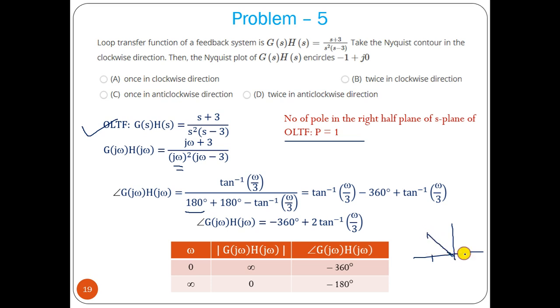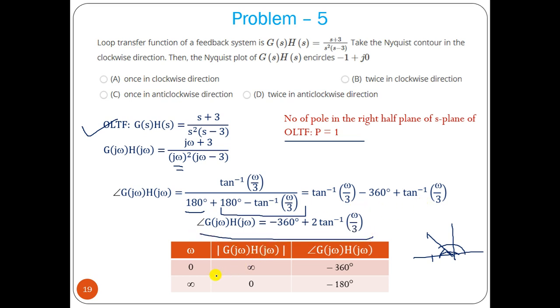So this is the angle: 180 degree minus tan inverse omega by 3. So the angle formula is minus 360 degree plus this.